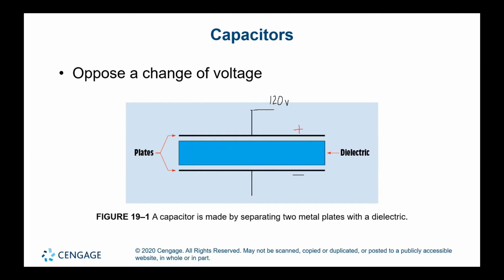Now that we have all these electrons, and I'm just going to use a little circle to show electrons, now that we have this bunch of electrons here, and you are going to see this anyway in the next couple of slides, but I want to show you this way anyway. We have a bunch of electrons here, and at the very same time, on this side we have a bunch of holes.